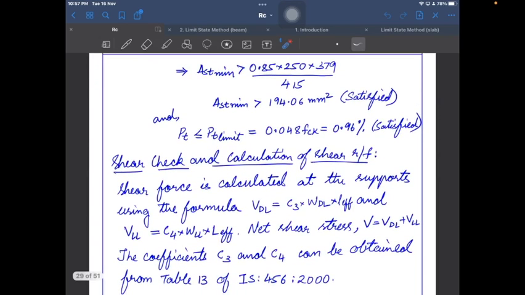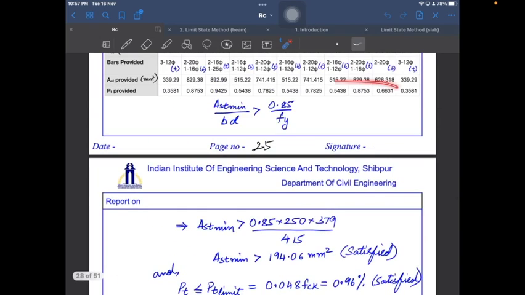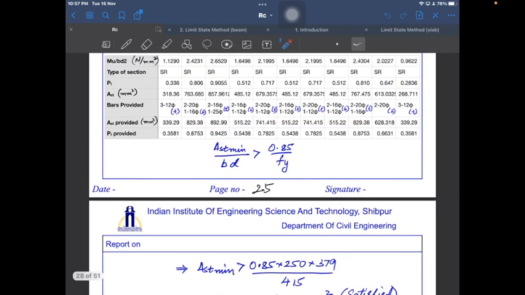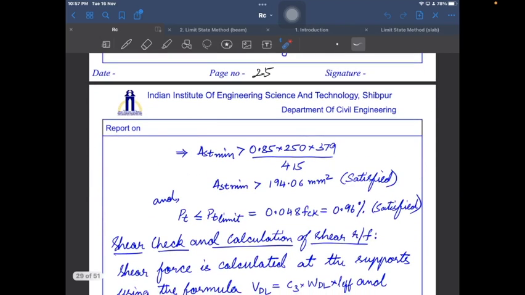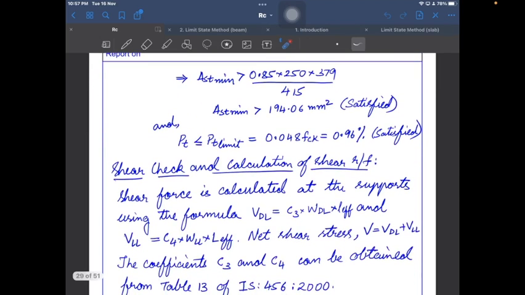Whatever we are providing has to be more than or equal to what is required, but it has to be less than the limiting value of pt. If it crosses the limiting value of pt, our section will become over reinforced. So it has to stay within the limiting value, and even that criterion is satisfied.